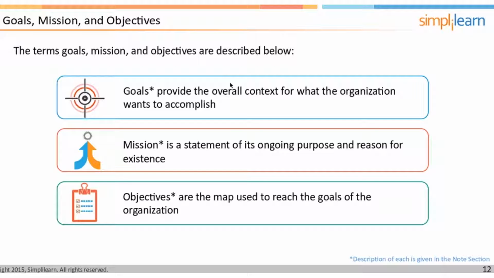Okay, let me ask you: do you know what the mission statement at Microsoft is? Let me read it out to you. It's very interesting. The mission statement of Microsoft reads: at Microsoft, our mission is to enable people and business throughout the world to realize their full potential.